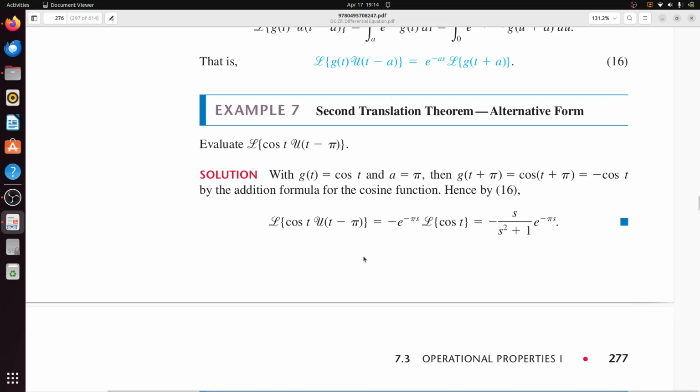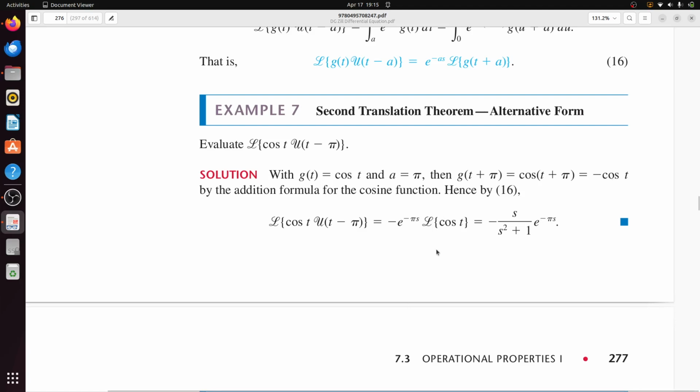So you can write it in terms of minus cos t, and you can just adjust it to cos of t plus pi minus pi.